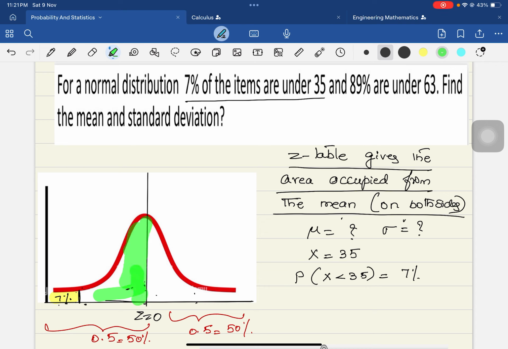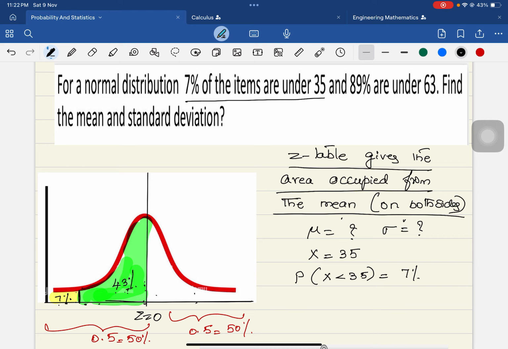We know the whole half is 50%, so when 7% has gone, this is 43%, correct? And this 43% is nothing but 0.43, which you can look up in the standard normal distribution table. So we have to check for which z value the area is 0.43.